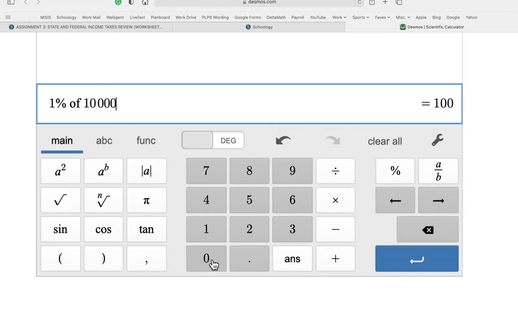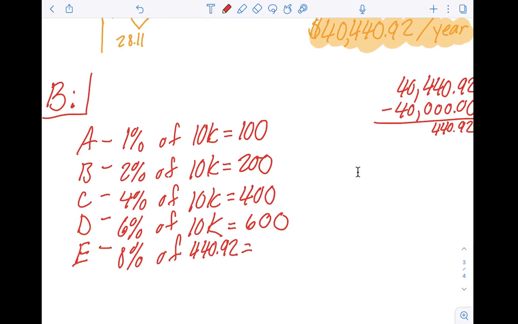So 1% of 10,000 is 100 and 2% is 200. 4% is 400. 6% is 600. That's easy. And now 8% of 440.92 is 35.27. The 3 is going to round the 7, keeping it a 7. So 35.27.